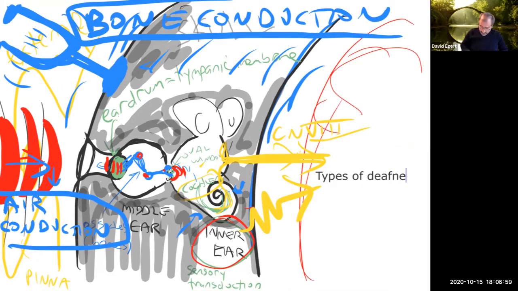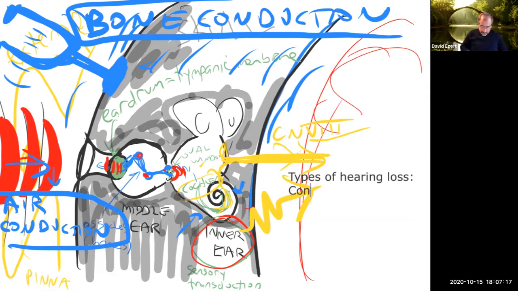Or actually types of hearing loss. So one is if the sound just never gets to the inner ear.